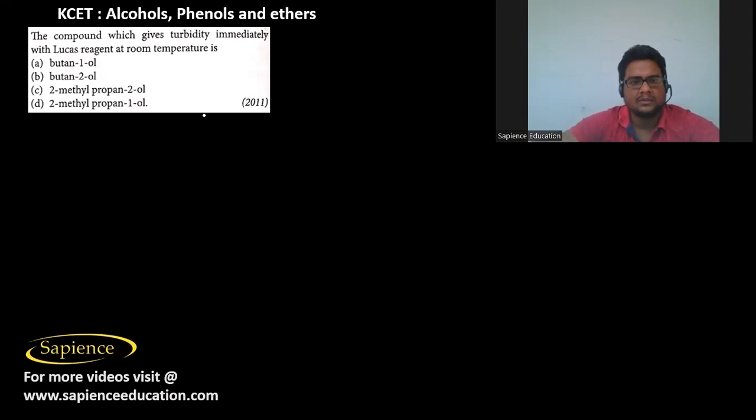Then here it is told: the compound which gives turbidity immediately with Lucas reagent at room temperature is.